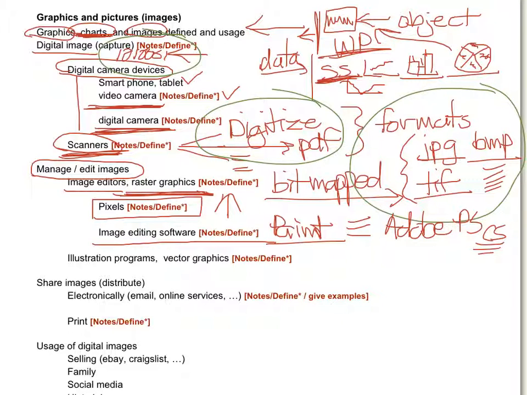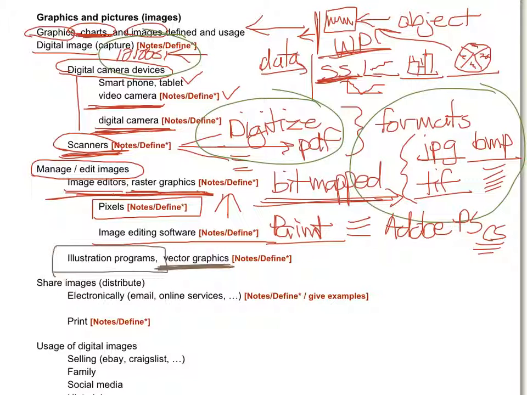So when you hear the term "they photoshopped them in," they're using some advanced image editor, and typically it's to edit raster graphics. Graphics made up of bits, bit mapped. Now, a whole other type, and I'll use a different color here, is illustration graphics. These are called vector graphics.